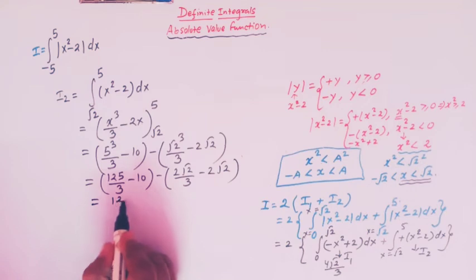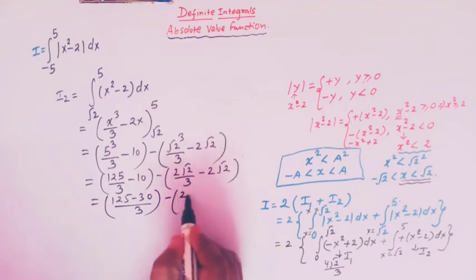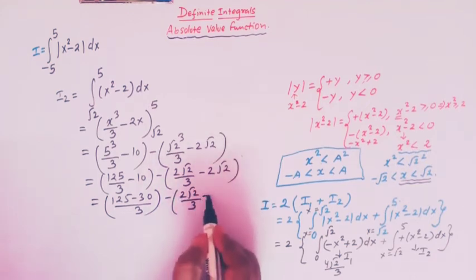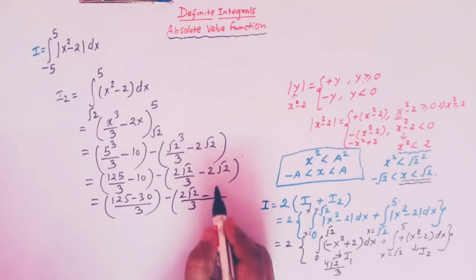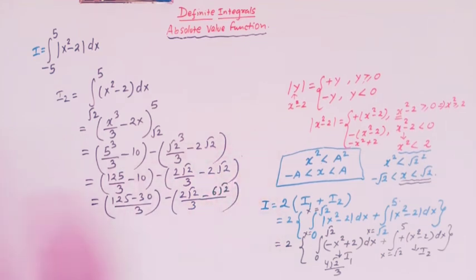Now this is 125 minus 30 over 3, and here we have minus 2 root 2 over 3 minus 6 root 2, right?